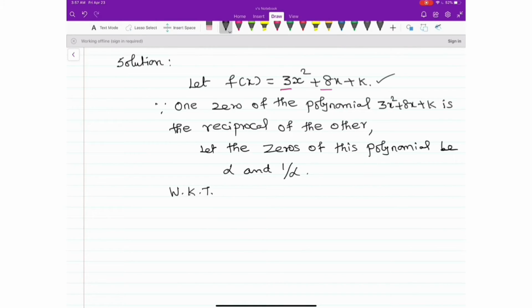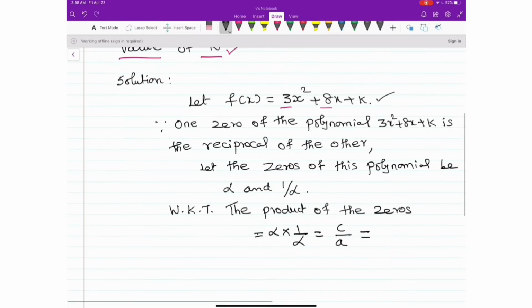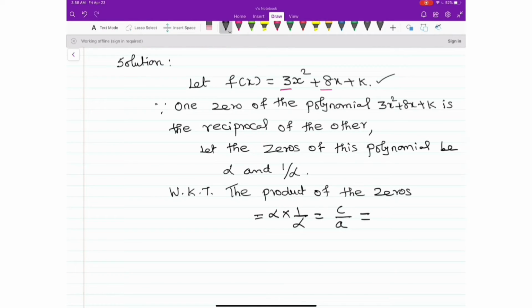We know that the product of the zeros is equal to alpha into 1 by alpha is equal to c by a, where c is the constant term and a is the coefficient of x square.